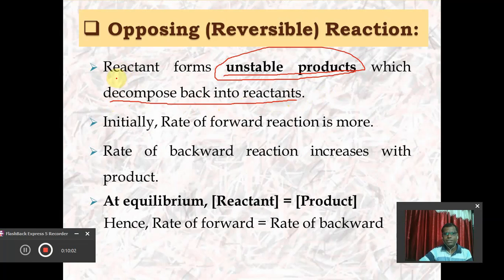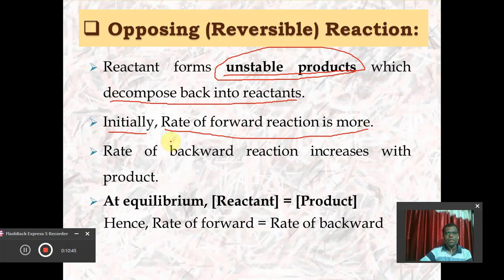Here, reactant molecules form the product, but this product is unstable, so it will not remain in the same form, and it will undergo decomposition back into reactant. Initially the reactant gets converted into the unstable product, and the rate of forward reaction is more. After the formation of product, it is again reconverted or decomposed into the reactant.